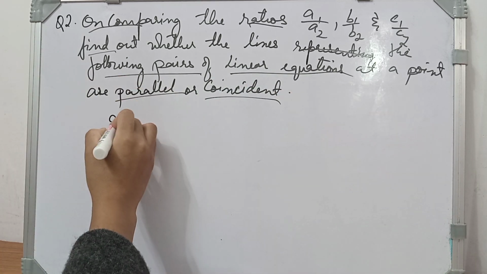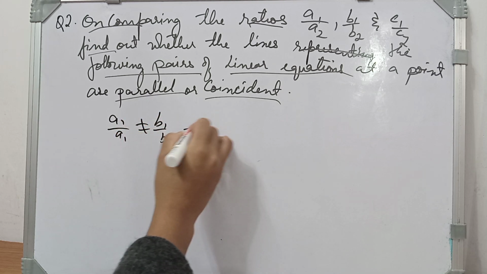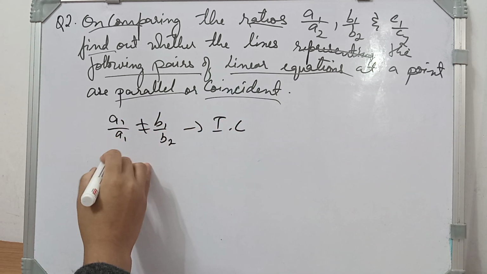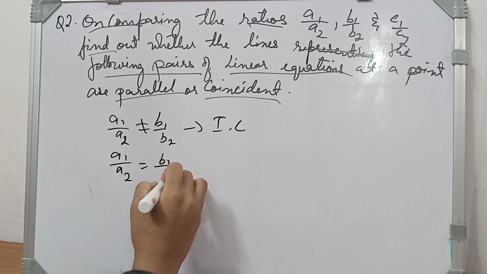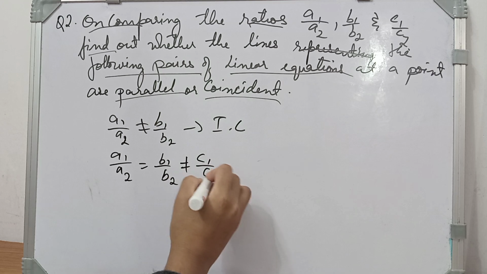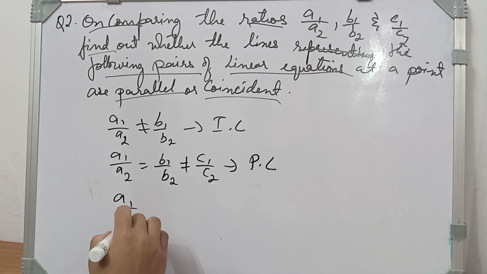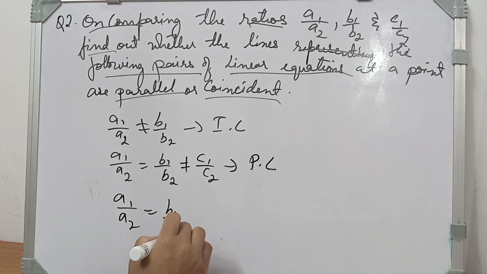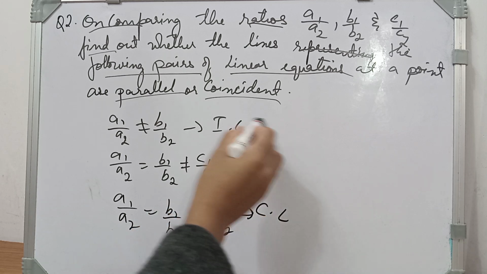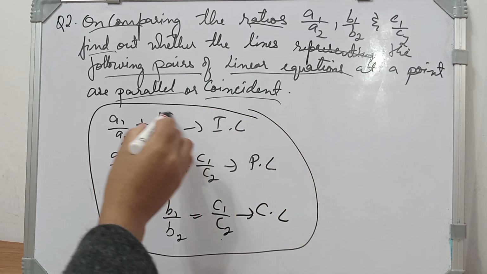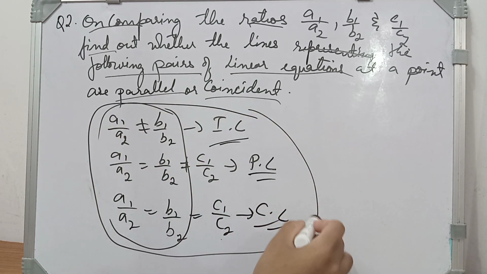When a1 by a2 is not equal to b1 by b2, the lines are intersecting. When a1 by a2 is equal to b1 by b2 is not equal to c1 by c2, the lines are parallel. When a1 by a2 is equal to b1 by b2 is equal to c1 by c2, the lines are coincident. So we calculate the ratios to decide whether they are intersecting, parallel or coincident lines.